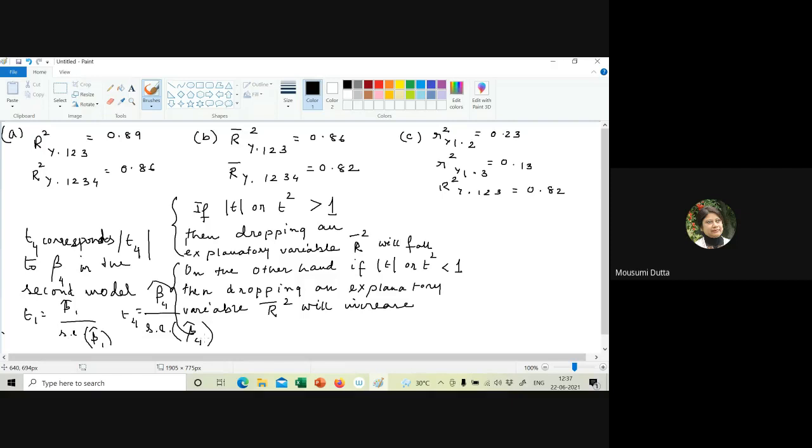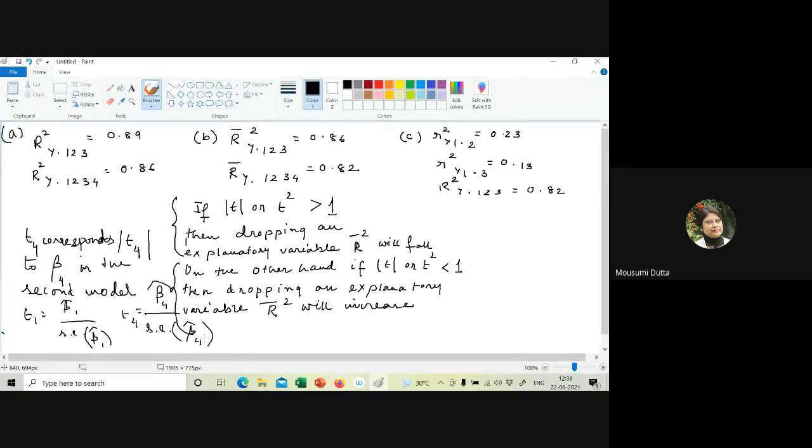Can we say anything from this? What I am seeing is that given 2, the explanation power of y1 is low, and given 3, the explanation power of 1 is low. However, there are several other partial correlations too, that is y1 dot 23, then y2 dot 13, y2 dot 23, y3 dot 12, and many more.